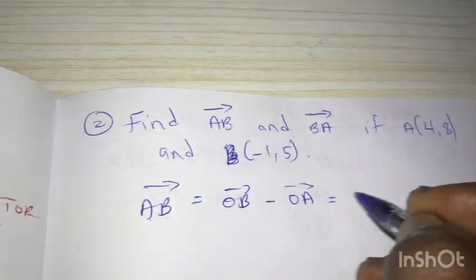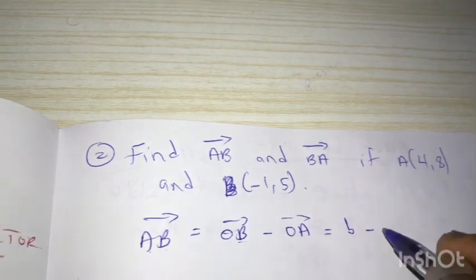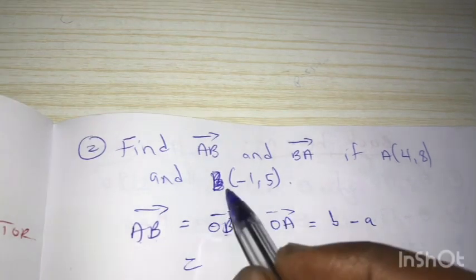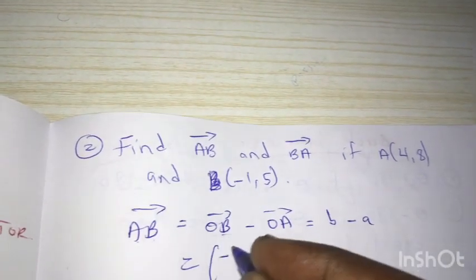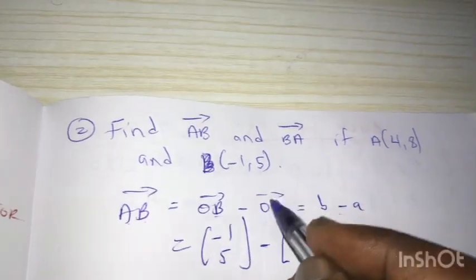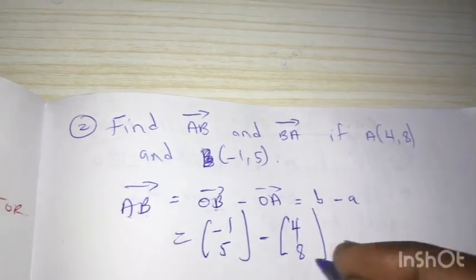This can be written as small b minus small a. Now what is our OB? From here it is negative 1, 5, minus OA, which is 4, 8.